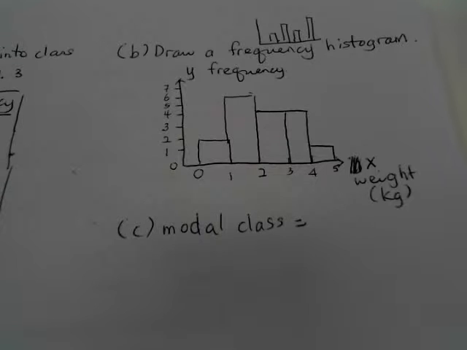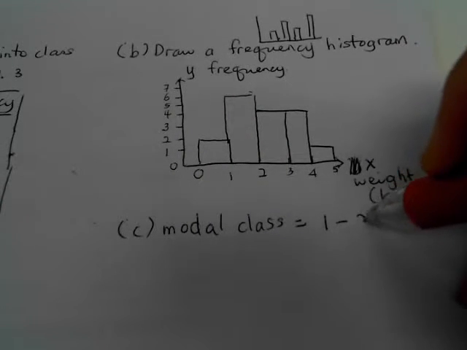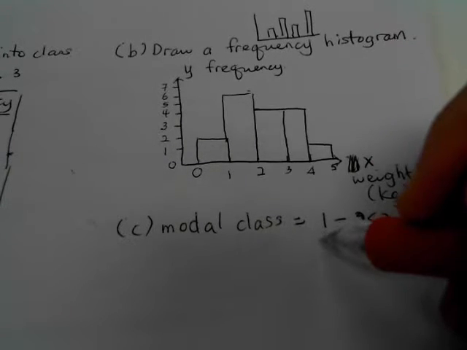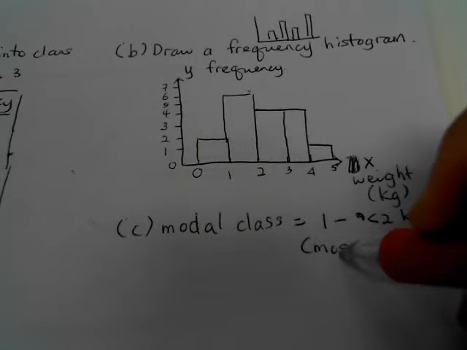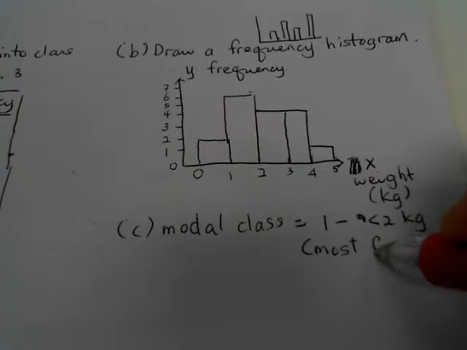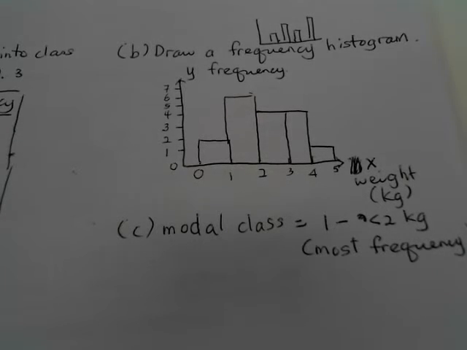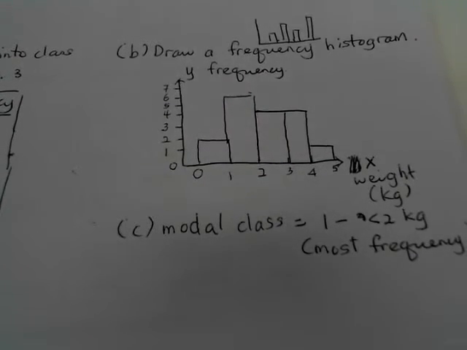So in this case, if you refer to your table, 1 to less than 2 kilograms would be the class interval which has the most frequency, that is 6. So that should be a clue. The modal class is the most frequent class that you will see.